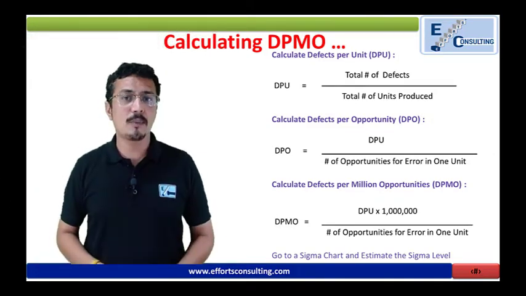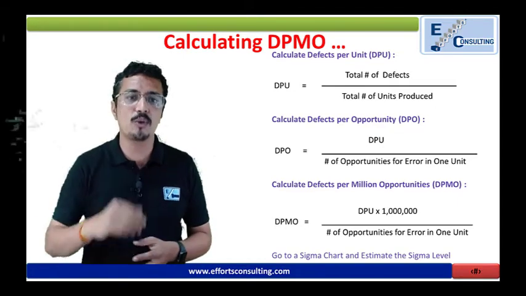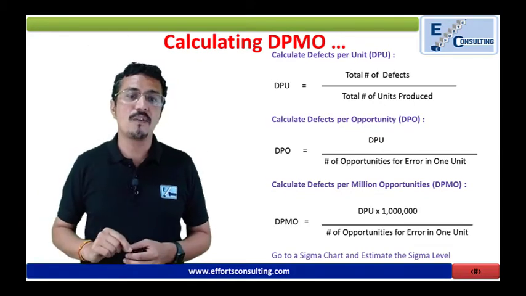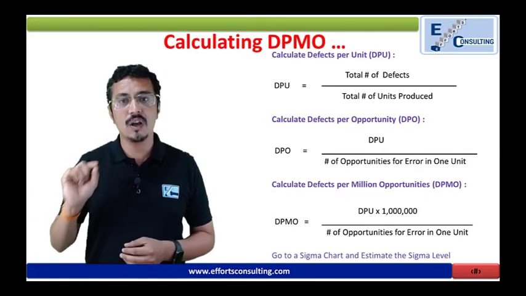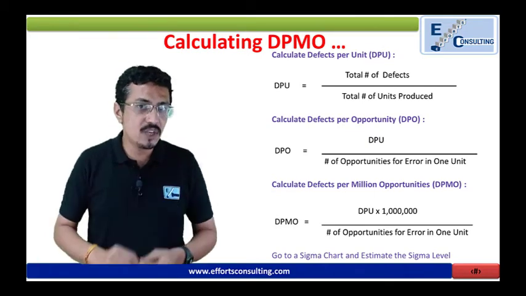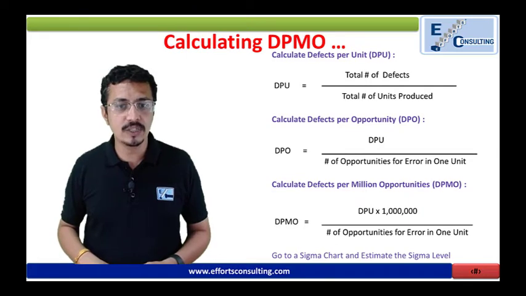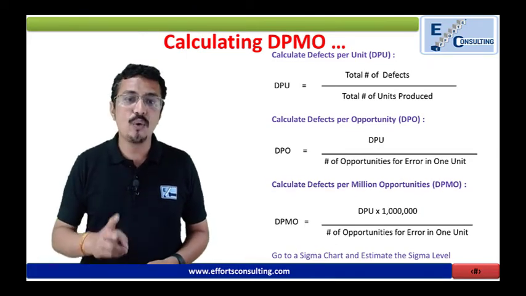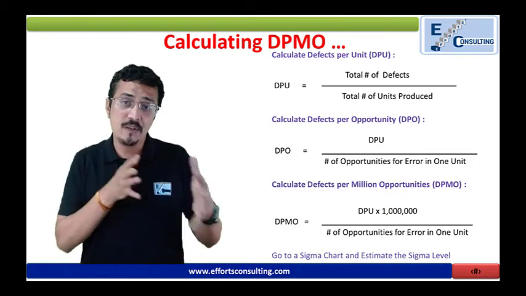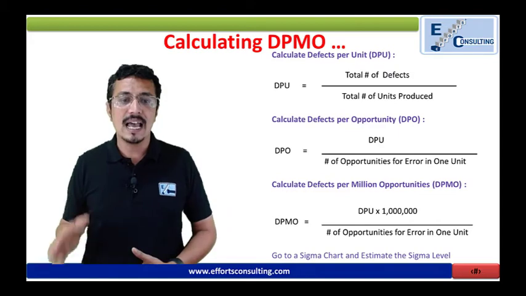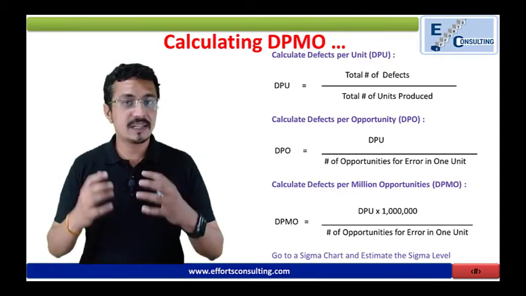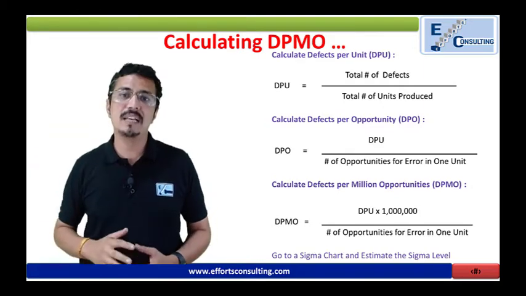So one particular product may have 12 processes, so you have 12 opportunities, and DPO is the indication of how many defects you have per opportunity. So you take DPU divided by the number of opportunities, and when you multiply this by 10 lakhs, it gives us the defects per million opportunities. And then we can go into the Six Sigma table, the Six Sigma chart, and understand at what sigma level we are working.